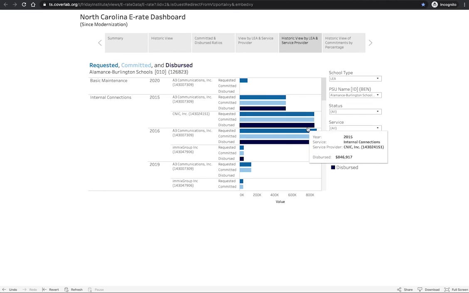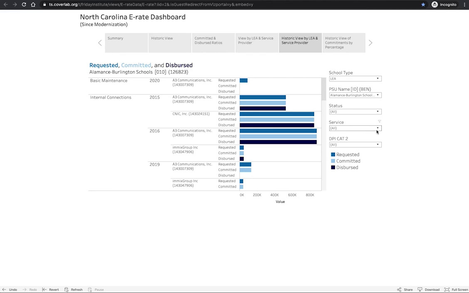Clearly, the gorilla in the room is the internal connections. Alamance is a fairly good sized school district. They don't buy Wi-Fi access points every year. Most school districts, maybe 2 out of the 5 years, will have participated in the internal connections piece. So that's the predominant piece.